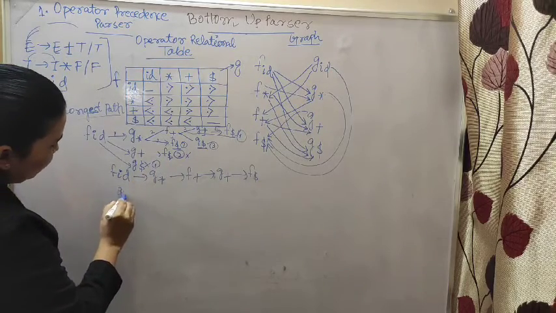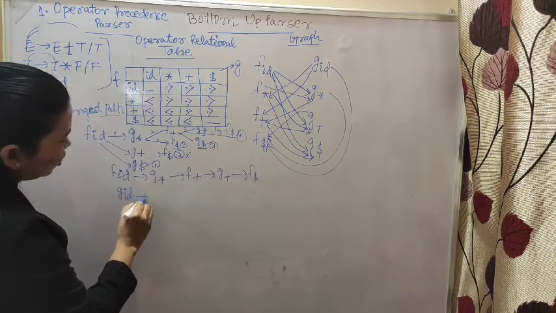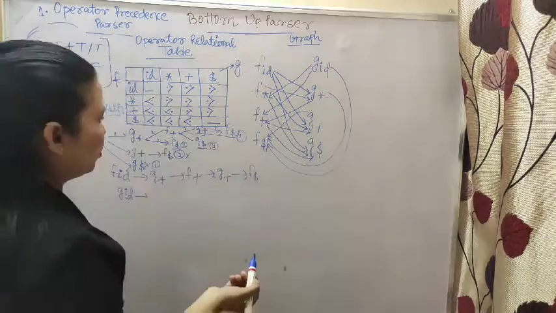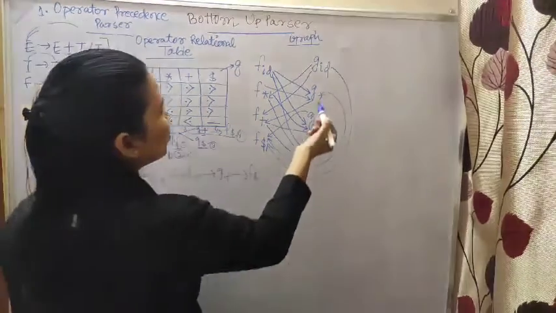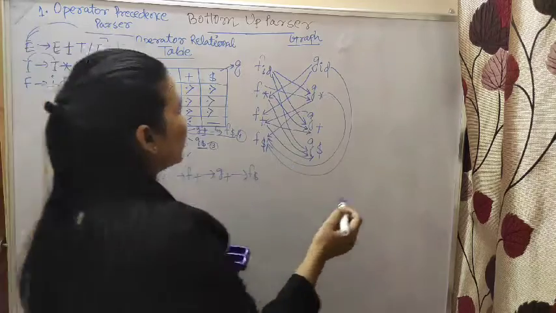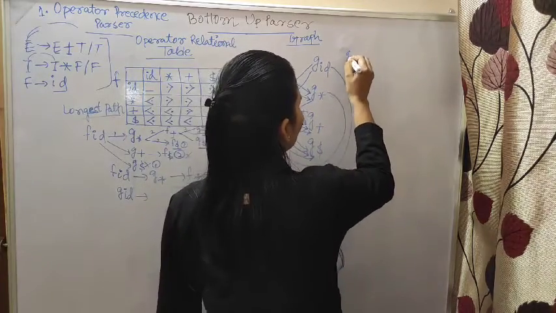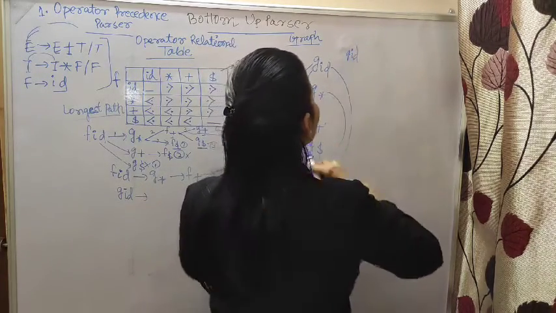GID we will check it. Why we are not checking the other operators, I will tell you afterwards. From GID we will check it.